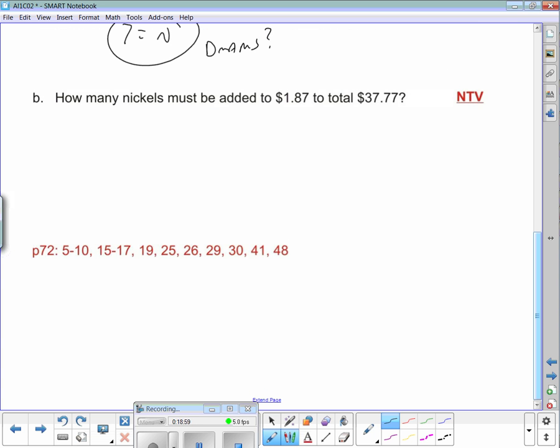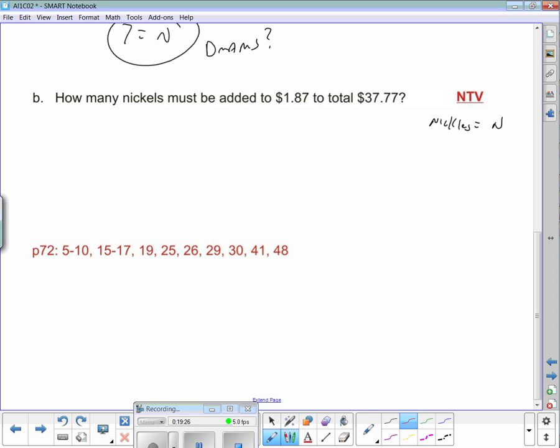How many nickels must be added to $1.87 to total $37.77? Ooh la la. All right, I got to go quick. Nickels. Do you want nickels to be n? I do. Okay.